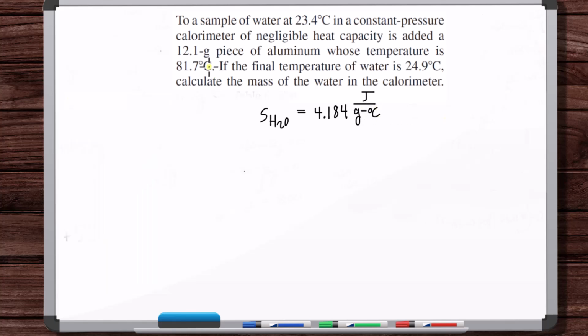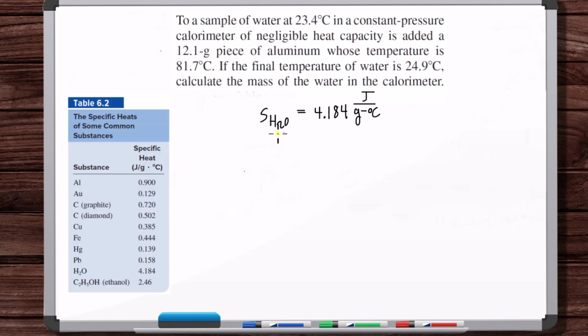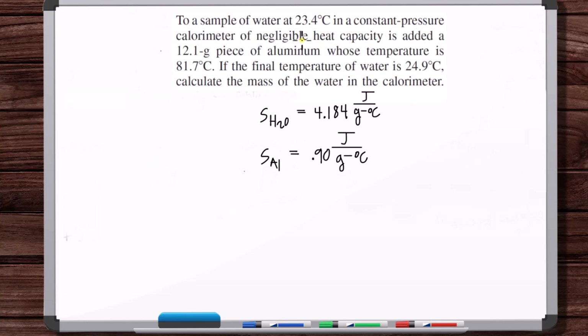Let's also get the aluminum heat capacity, 0.90. So this aluminum is put into the water at this temperature. The aluminum is at this temperature. And it says the final temperature of the water is this. Calculate the mass of the water in the calorimeter.